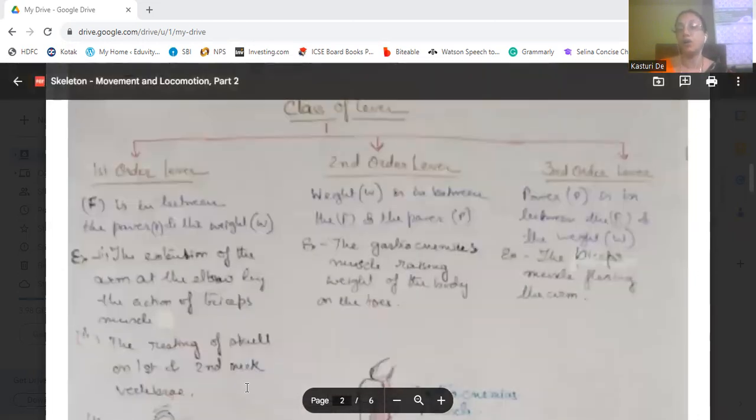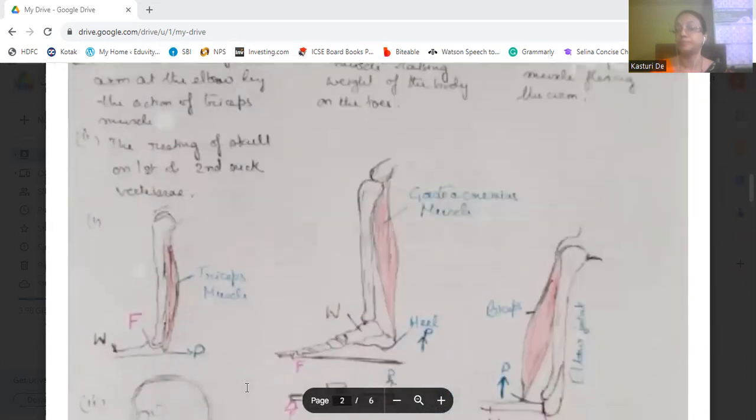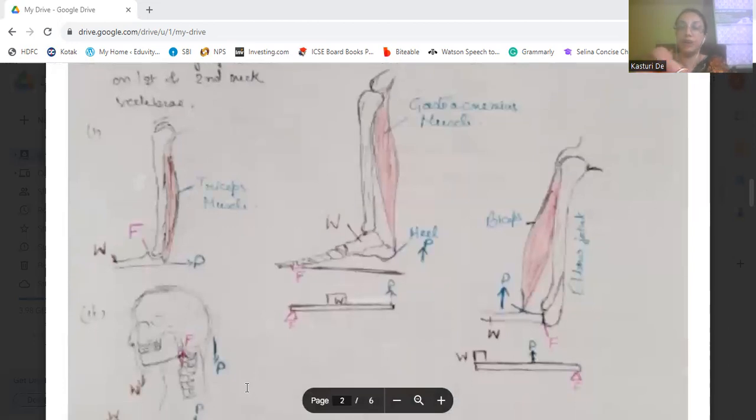And in the third order lever, where the power is in between the fulcrum and the weight, the example is the biceps muscle flexing the arm. Biceps is in front of the arm, and at the back of the arm is the triceps muscle. So the biceps muscle is pulling the weight up. Power is in between the fulcrum and the weight.